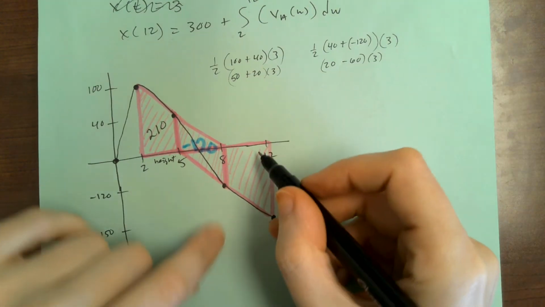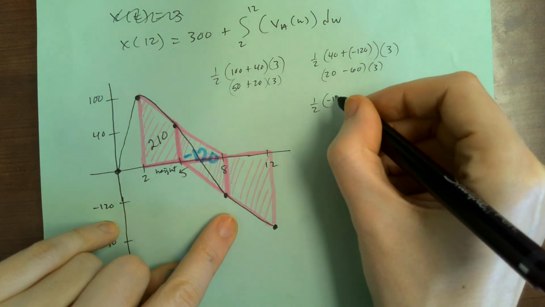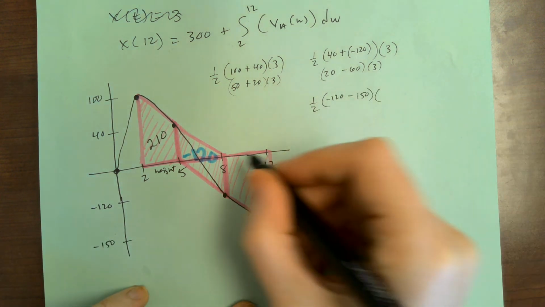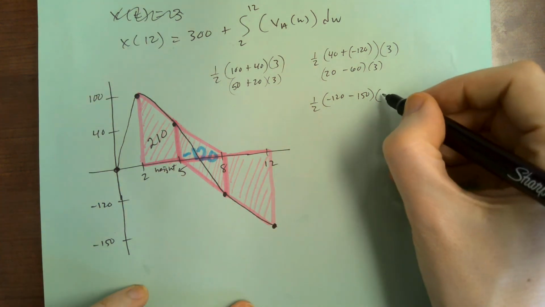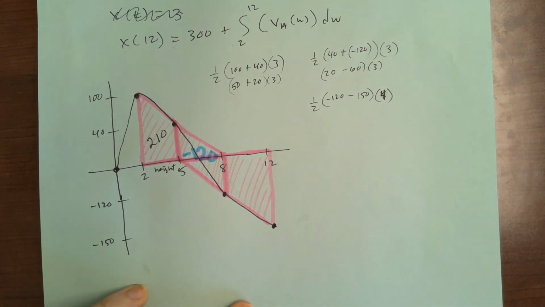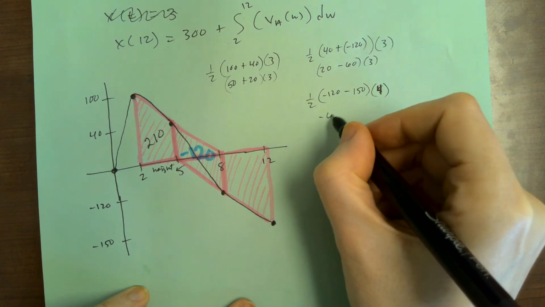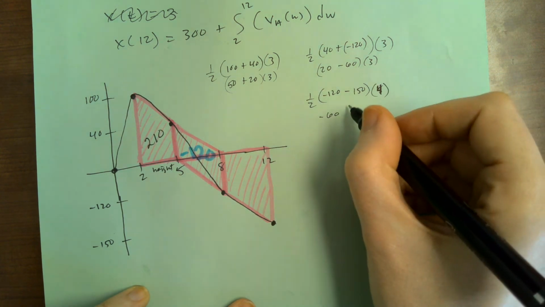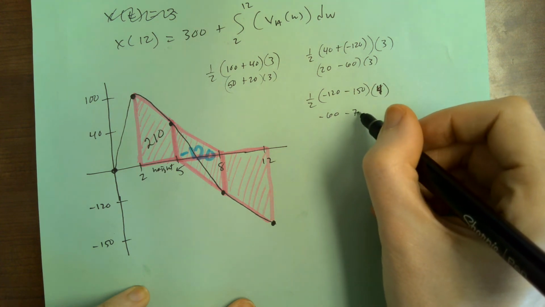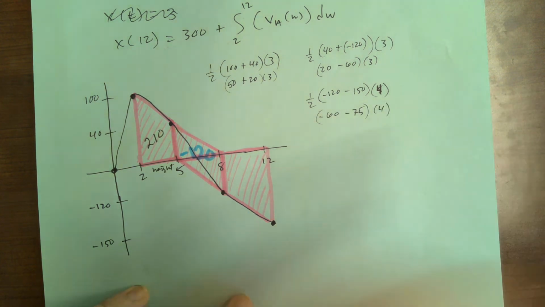Okay, and then this trapezoid is 1/2, base 1 is negative 120, base 2 is negative 150, and then the height of that is 5, I think. No, it's 4. So then this is negative 60 minus 75. You could do this in a different way, guys. Negative 60 minus 75 times 4.